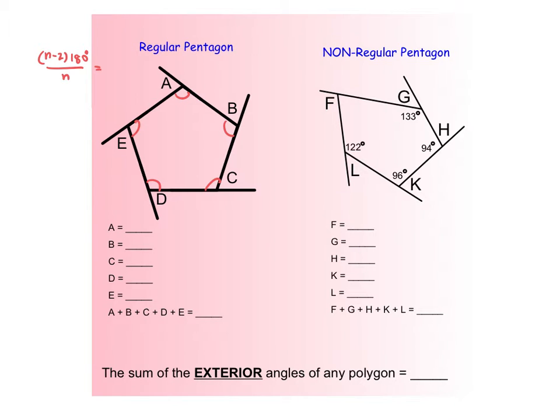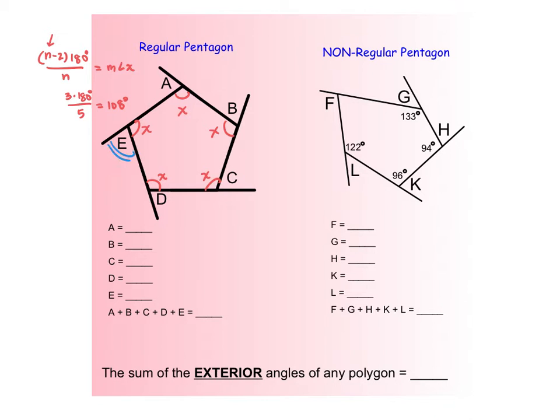That'll give us the measure of angle, let's call it x. Okay, so n, of course, is our number of sides, so that'd be 5. So 5 minus 2 is 3. 3 times 180 divided by 5 comes out to equal 108 degrees. So each of these red angles are 108 degrees.